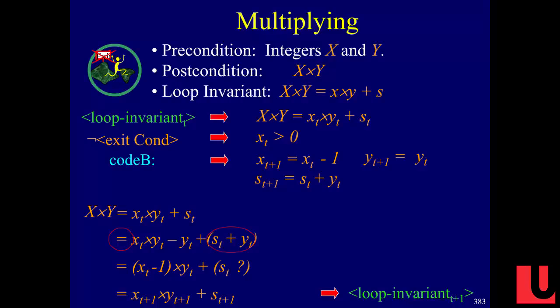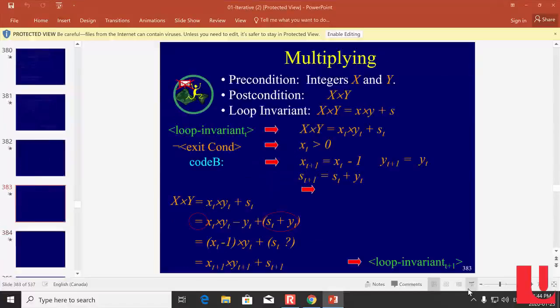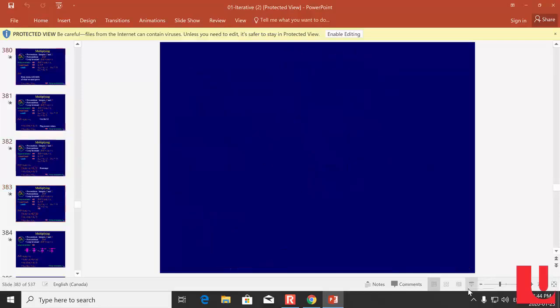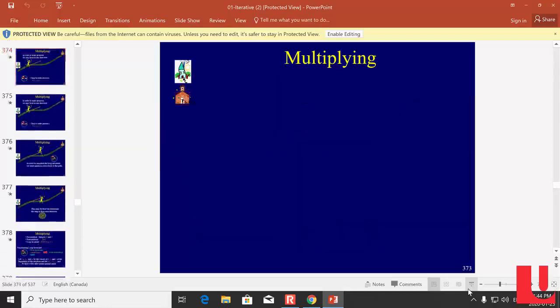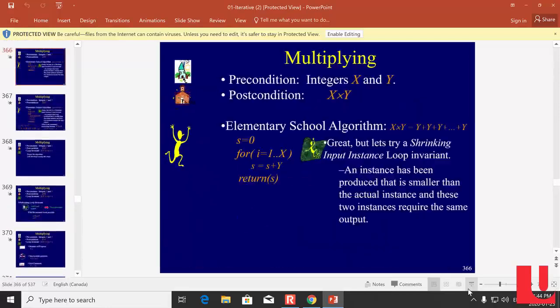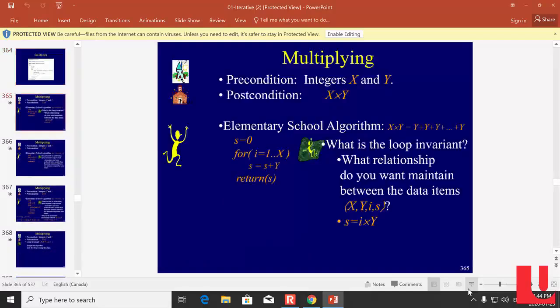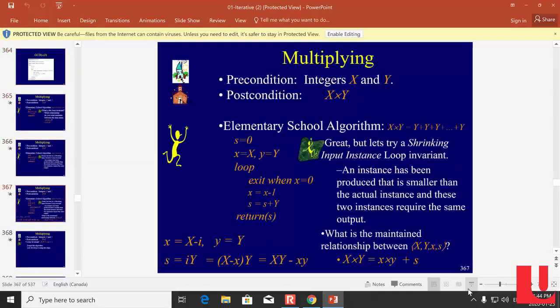And then we looked at a new one. In this case, I would give you the loop invariant, so you just have to trust it. But how did I come up with this loop invariant? I said to myself, what kind of code do I want to be looking at?